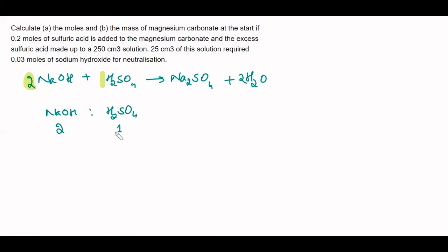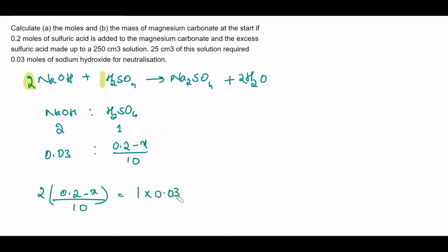In our case, in the 25 ml solution, there was 0.2 minus X over 10 H2SO4, which was requiring 0.03 moles of NaOH. So again, just need to cross multiply to solve for X. We will be getting 2 times 0.2 minus X over 10 will be equal to 1 times 0.03.